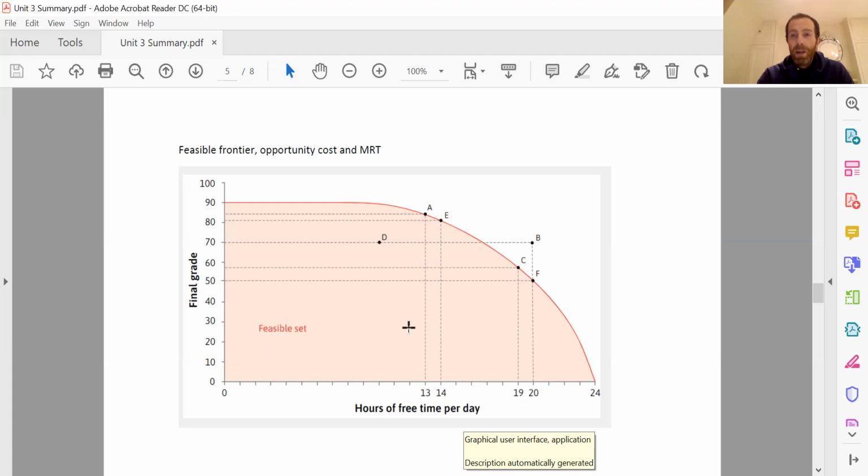And what we can also talk about then is opportunity cost and marginal rate of transformation. And these are sort of the same thing here, because what we mean by those is, given what is possible, what is it going to cost Alexei, say, to get 1 more hour of free time? So if Alexei is at point A, where he's thinking, I'm going to have 13 hours of free time, and that will get me a grade of 84, what would it cost me to get 1 more hour of free time?